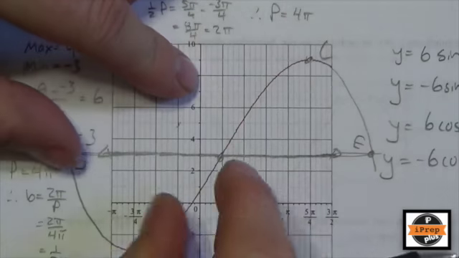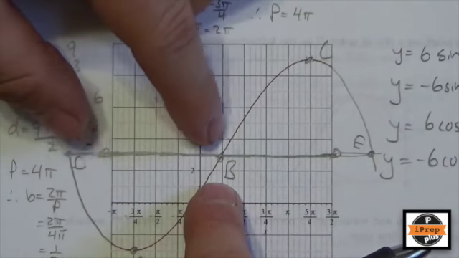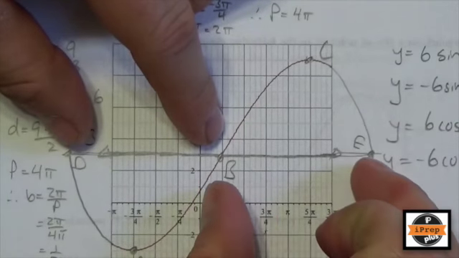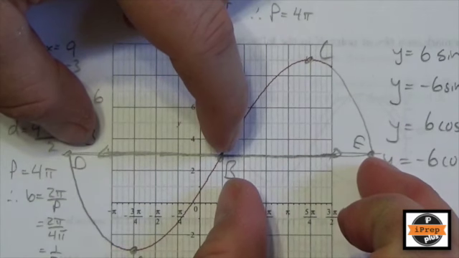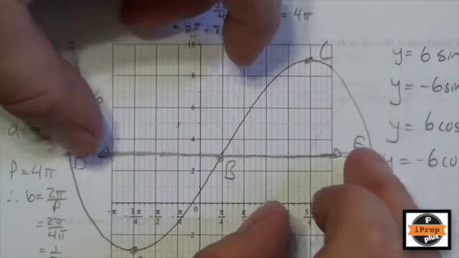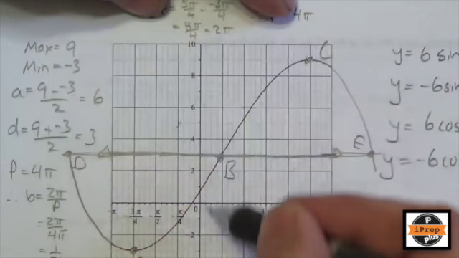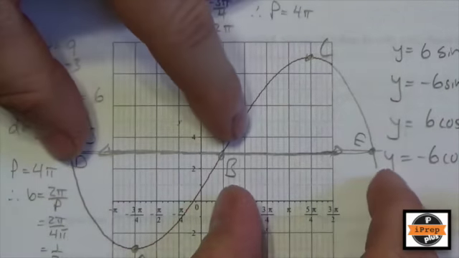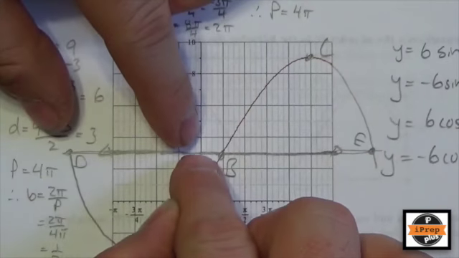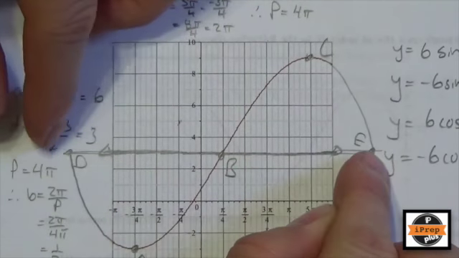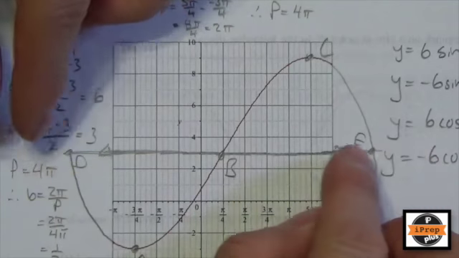Bear in mind that it's a half period from B to D, and from B to E. Now, think about this. Which one of these, D or E, is going to be closer to the y-axis? Well, if B was right on the y-axis, they would be evenly split, but everything's been moved to the right.